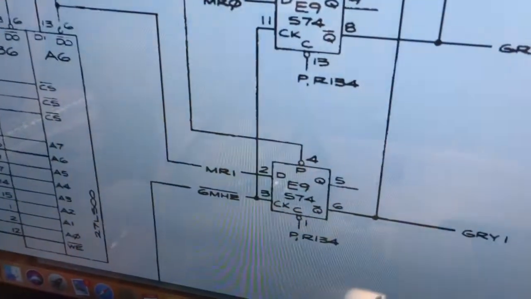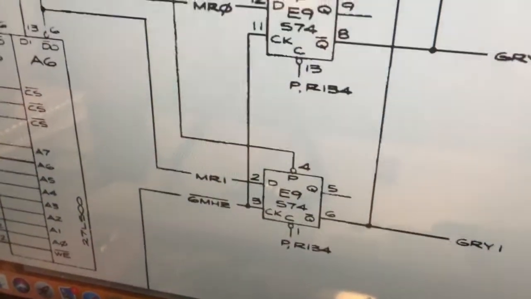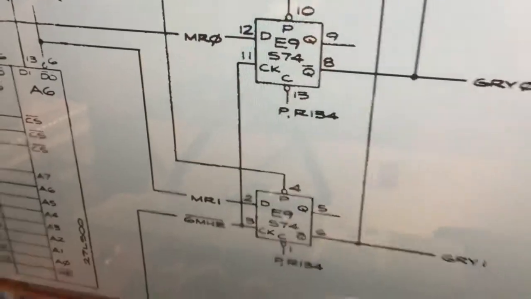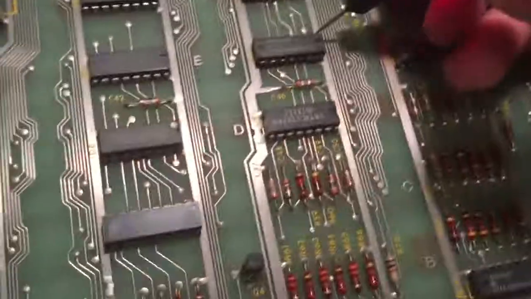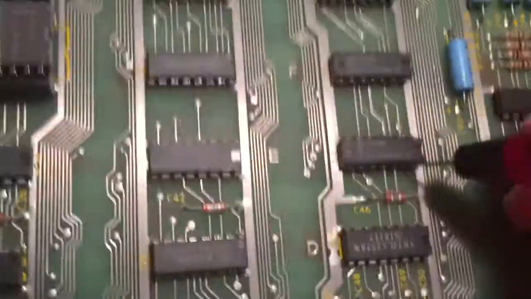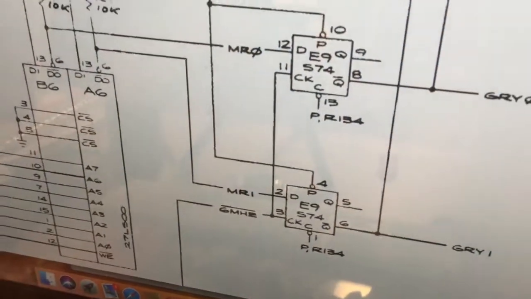Let's look at the clear signals. 1 and 13. Okay, so clear is high all the time. This other one as well, so it is never being cleared. That is good. And what else do we have?